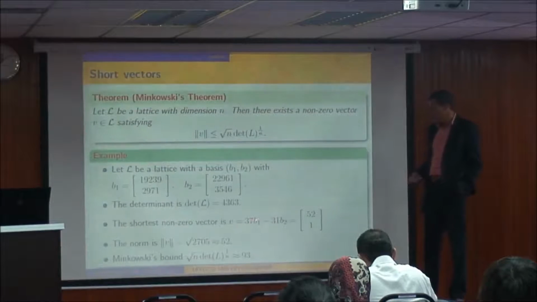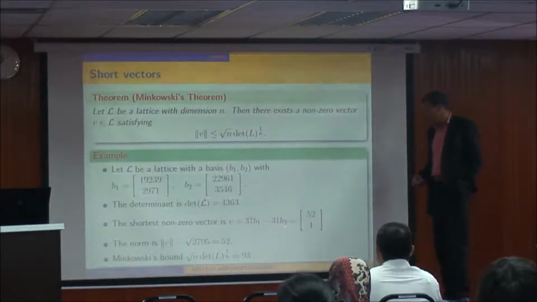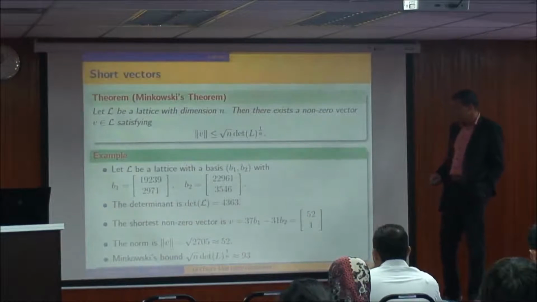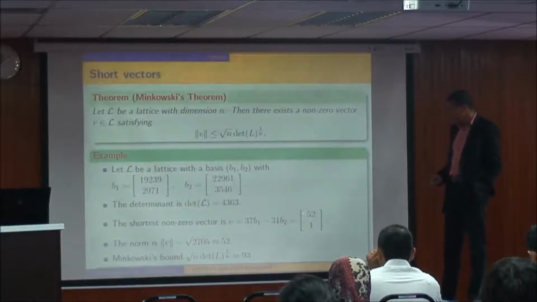We can find that in fact it's 37 B1 minus 31 B2, which eliminates to 2 and 1. So this lattice has a short vector, and the shortest vector in this lattice is this one.